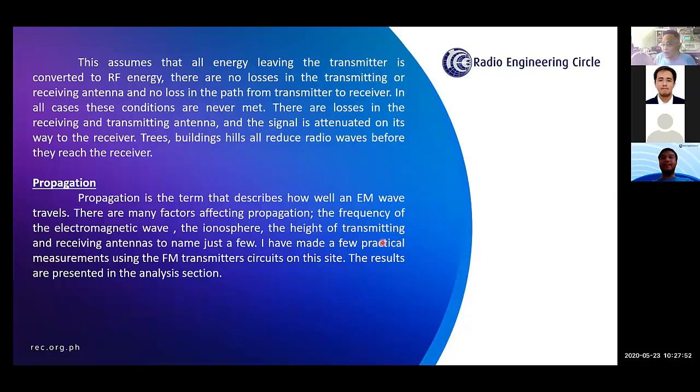Napuprove natin ito ngayon, mga tinatawag na propagation effect. Nagkakaroon pa rin tayo ng konting practical measurement sa mga nangyayari kasi may mga certain point of percentage error.